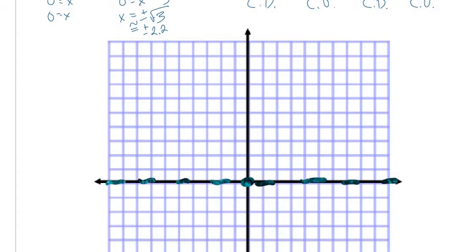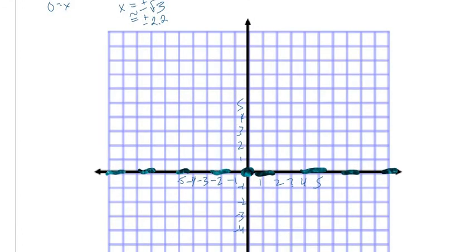So we're going to make sure that we plot some numbers here. So 1, 2, 3, 4, 5, and negative 1, negative 2, negative 3, negative 4, negative 5. Just enough so we get the gist. So let's plot those points.